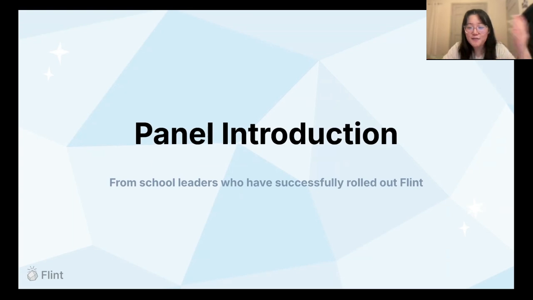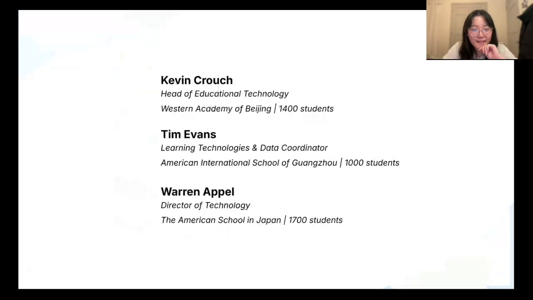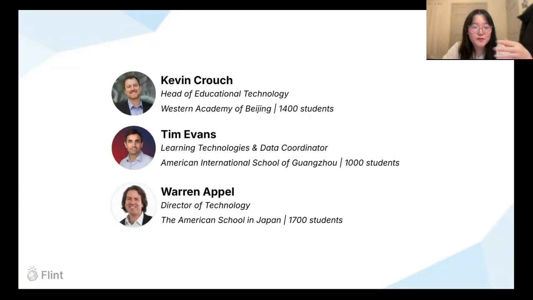As for our panelists, firstly we have Chris Norman from the International School of Kuala Lumpur, and then we have Cora and Dalton from Chinese International School in Hong Kong, and Greg from the American School in Chennai, and Kevin Crouch, who is from the Western Academy of Beijing, Tim Evans from the American International School of Guangzhou, and Warren Appel, I think, from the American School in Japan.